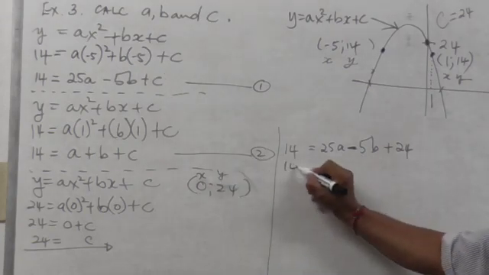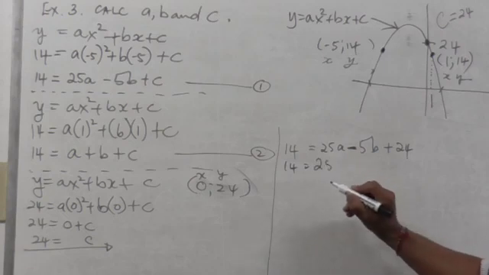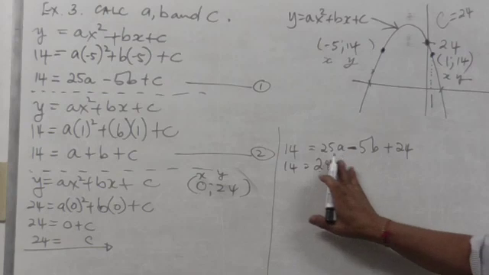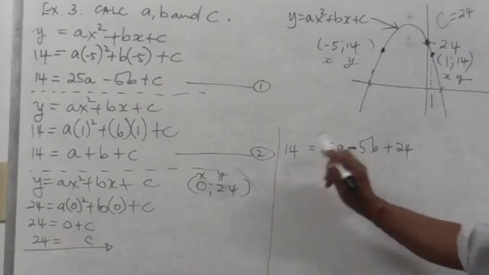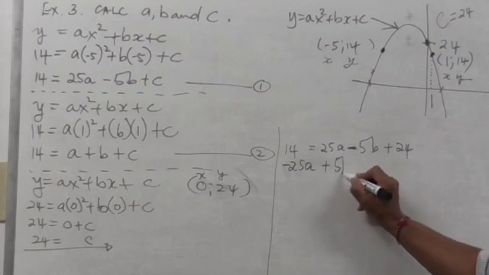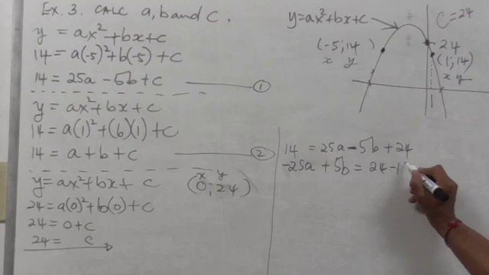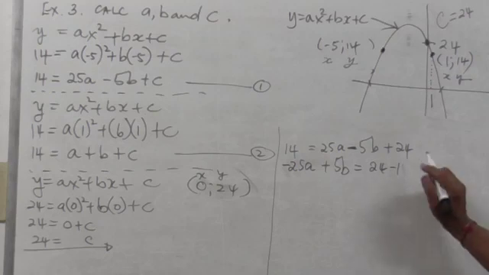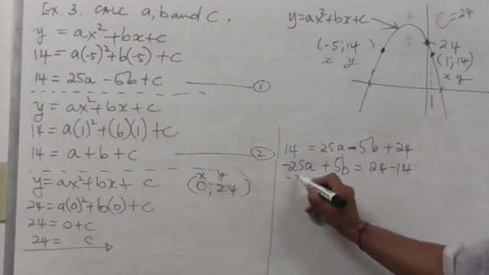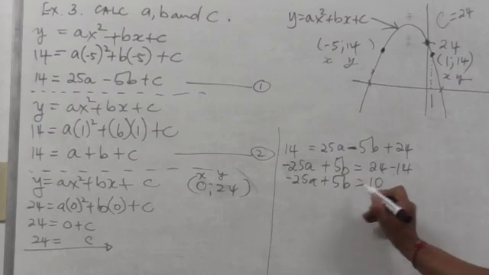Well, if we simplify this, we can say minus 25a plus 5b is equal to 24 minus 14. So you'll have minus 25a plus 5b is equal to 10.